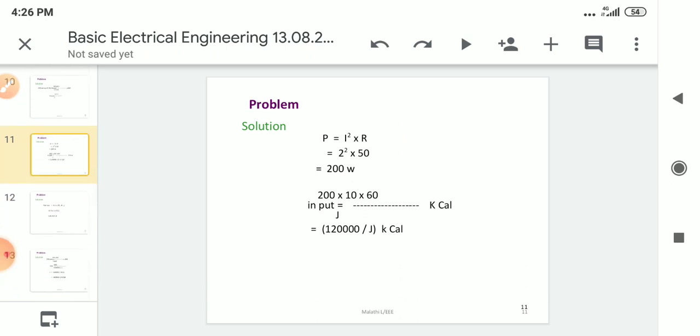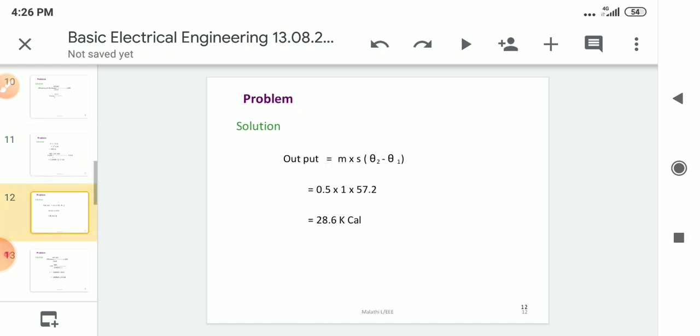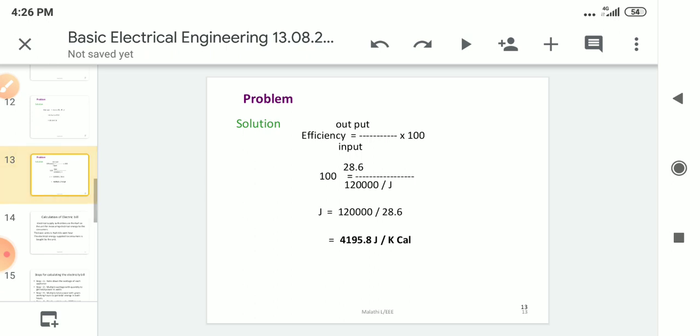The next step is to find the output. The formula for output is ms into theta 2 minus theta 1. Substitute all the values, then we get the output value. After that, substitute the value of output and input, then we will get the remaining quantity that we have to find.